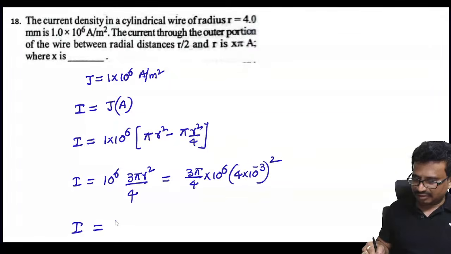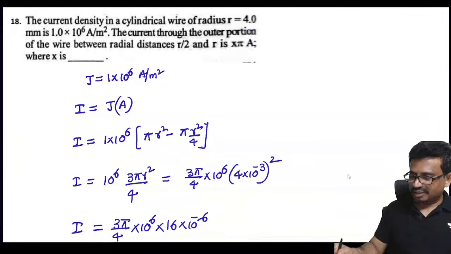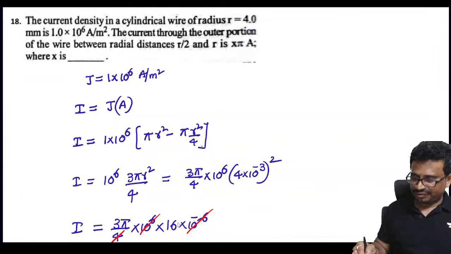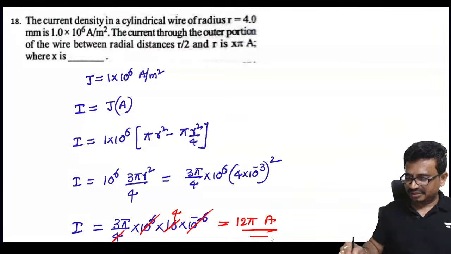So how much will come here? 3 pi by 4 into 10 power 6 into 16 into 10 power minus 6. Then plus 6 minus 6, 4 fourths. How much is the value? 12 pi. 12 pi amperes.